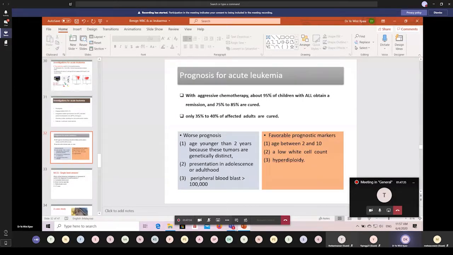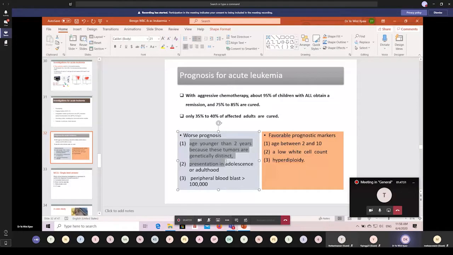Usually children have a better prognosis. In adults, ALL is challenging, meaning the mortality rate is quite high. In children, 85% are cured.